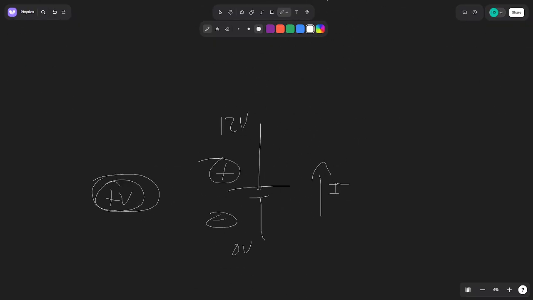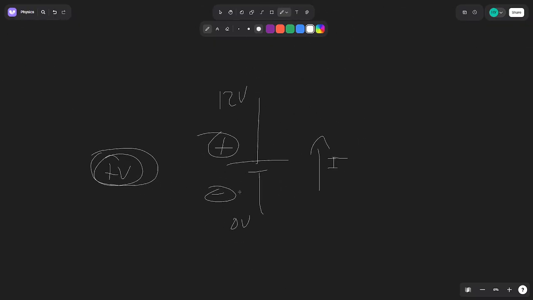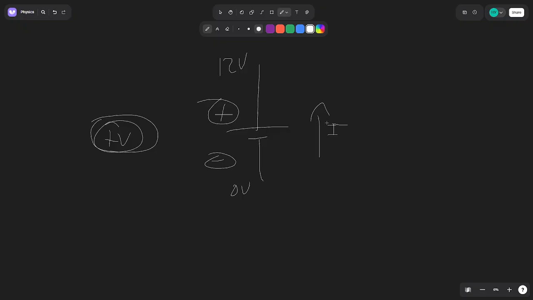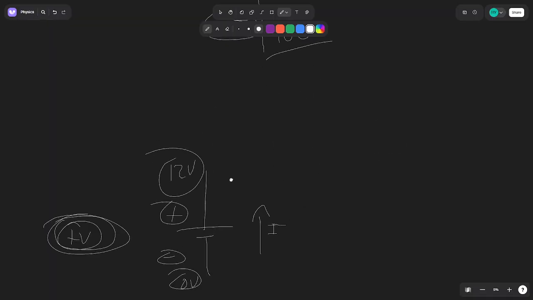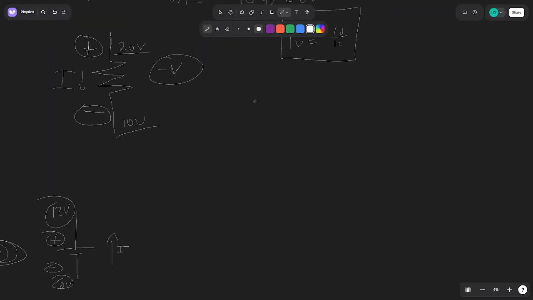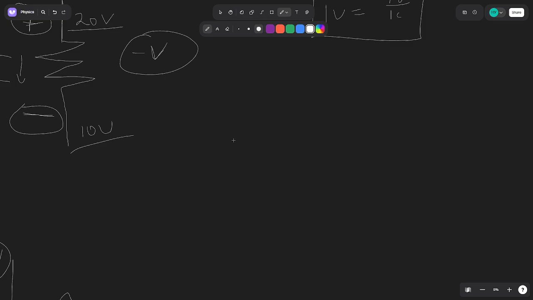And the opposite thing, if it goes through the battery, and the current goes from the negative charge to positive, from 0 to 12, the voltage will be positive. What does it mean? Let's try it on another example.